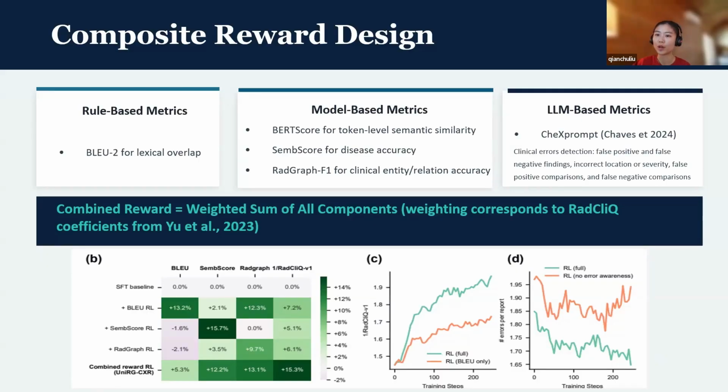So we use the LLM to detect errors, and then we calculate the number of errors for each report, and then we take an inverse of that, so that we align with the higher-is-better trend of the model-based metrics, and together we can make sure the model signal is consistent, that it needs to maximize all of these scores together.